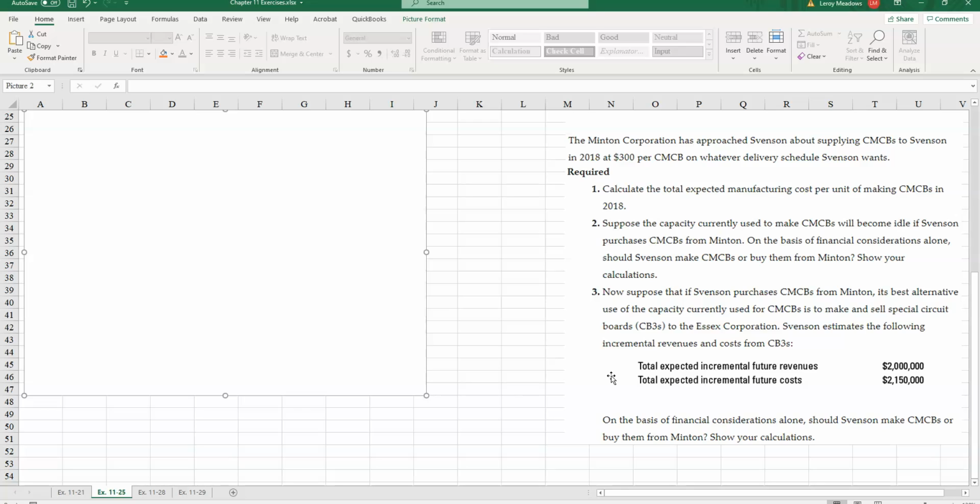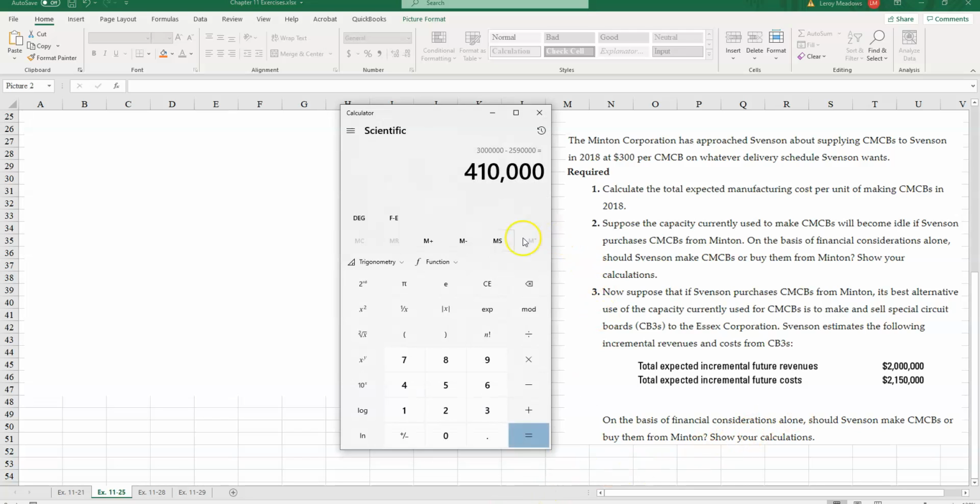With that freed up capacity, can we make another product that's actually more profitable? So in this case, we're going to have revenues of $2 million if we choose to make the CB3s. However, incremental future costs are going to be $2,150,000. So should we make or buy them from Minton? Let's calculate this.